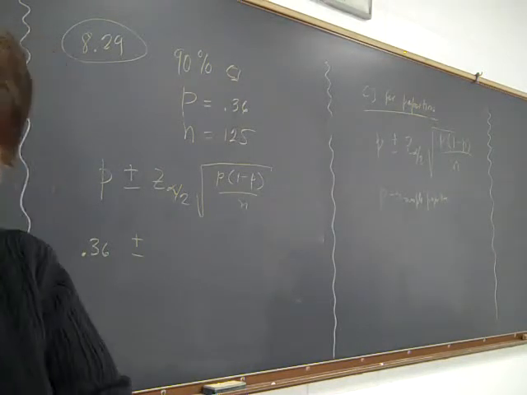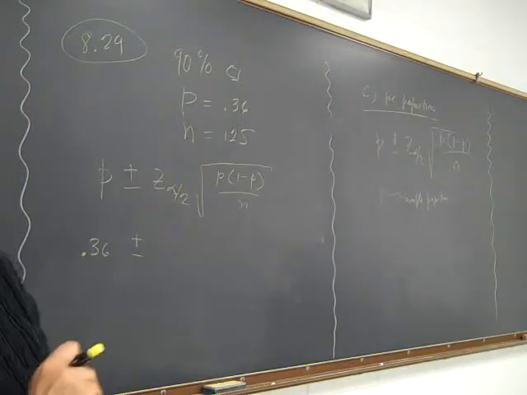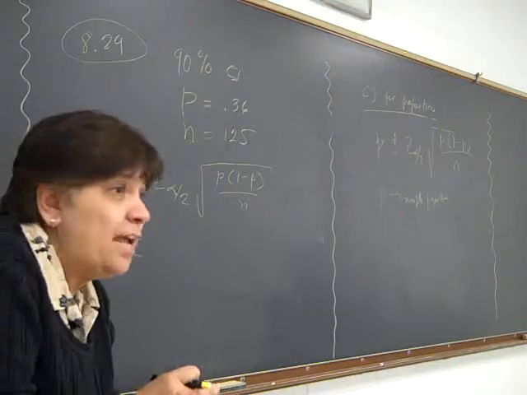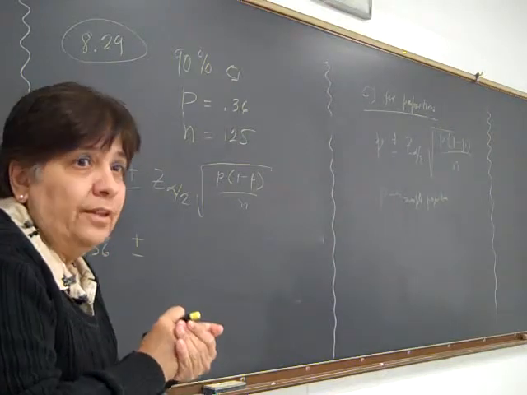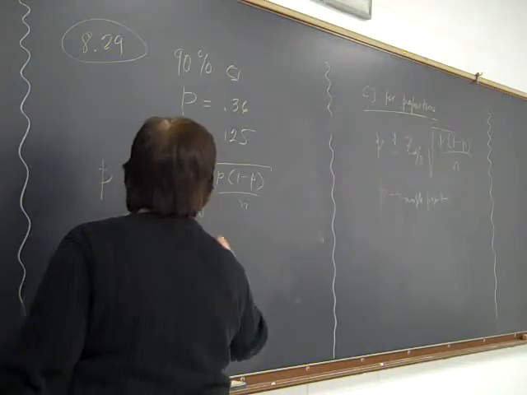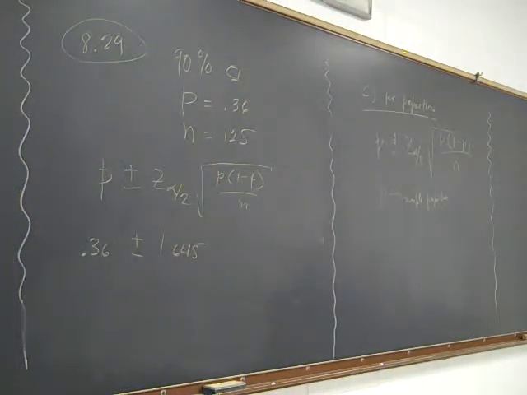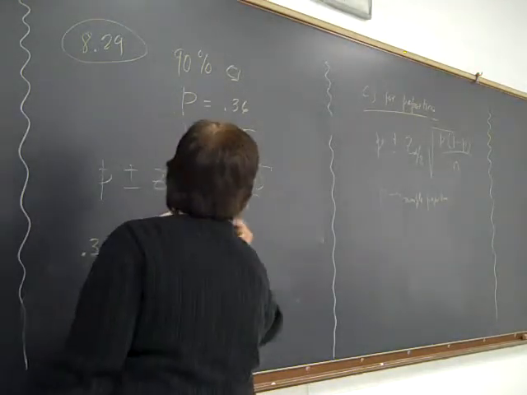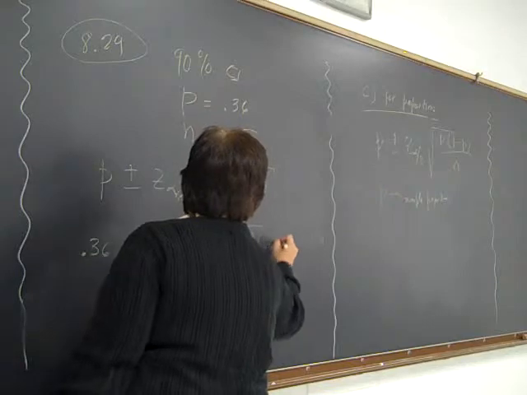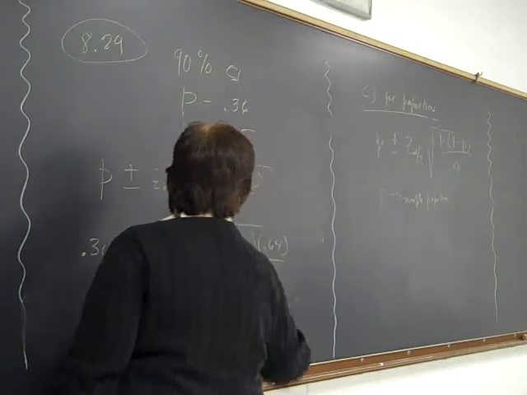For a 90% confidence level, we're going to use 1.645. You don't need to read the table. The Z value is 1.645 for 90%, times the square root of 0.36 times 0.64 divided by 125.